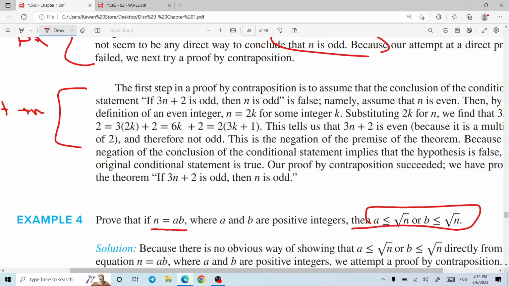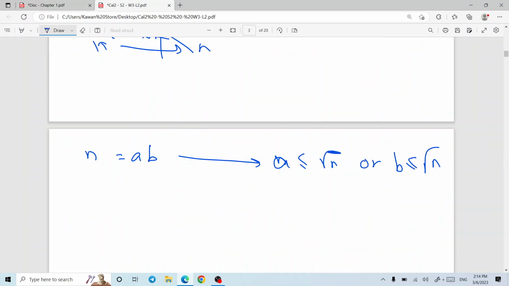Look at the example and read that one. It is for positive integers, not for all of them. Understood? Maybe in your mind you say, what if I have minus 1? Minus 1 cannot apply in this example. Why? Because you have a condition that says A and B are positive integers.